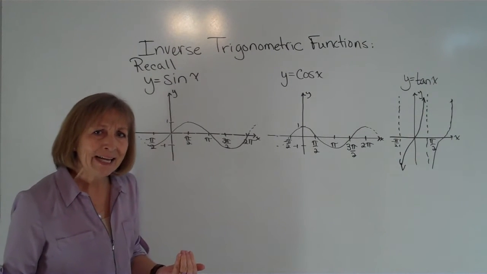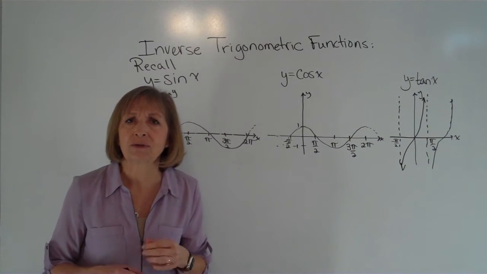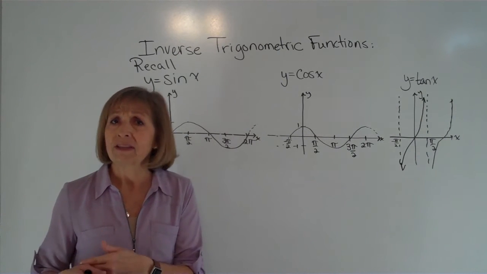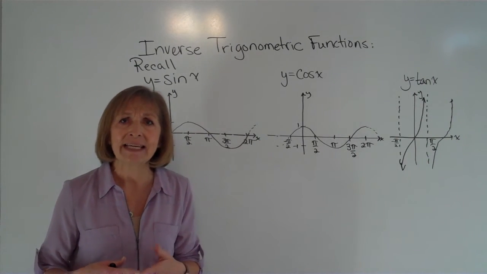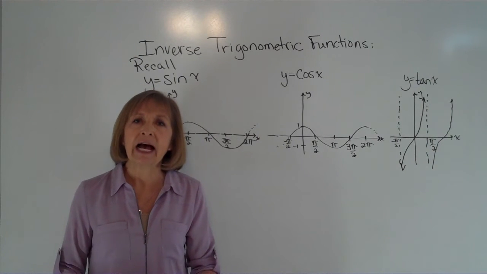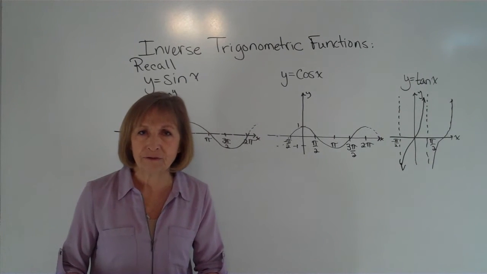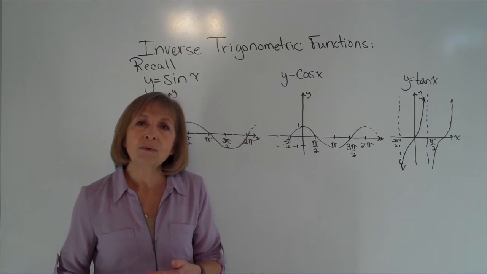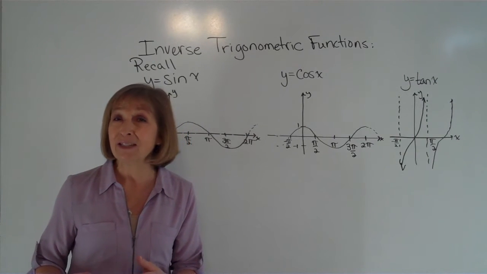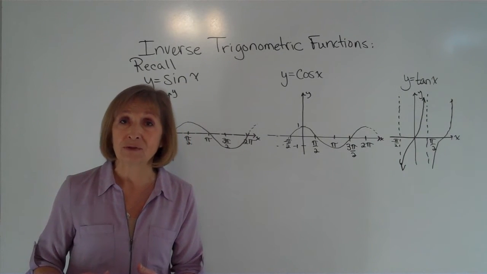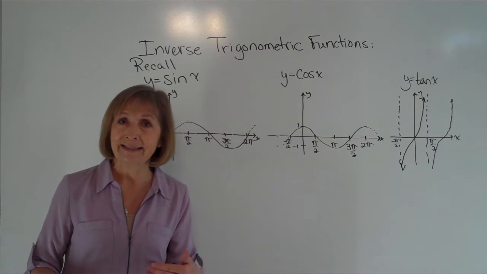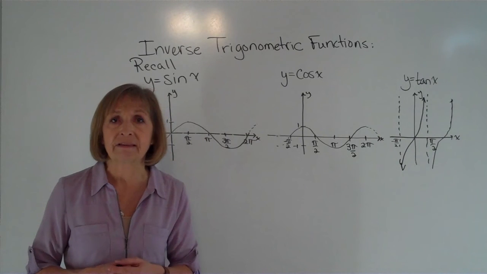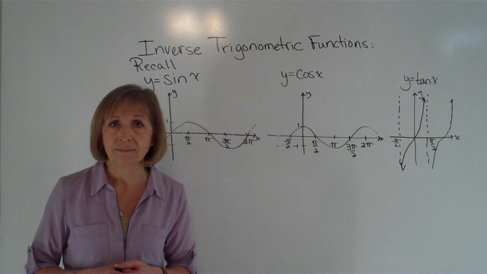So I can't find an inverse trig function over the entire domain of the original trig functions. I have to think, what restriction on the domain would make that trig function 1 to 1 over that restriction, while also having seen all of the outputs that that trig function would have.